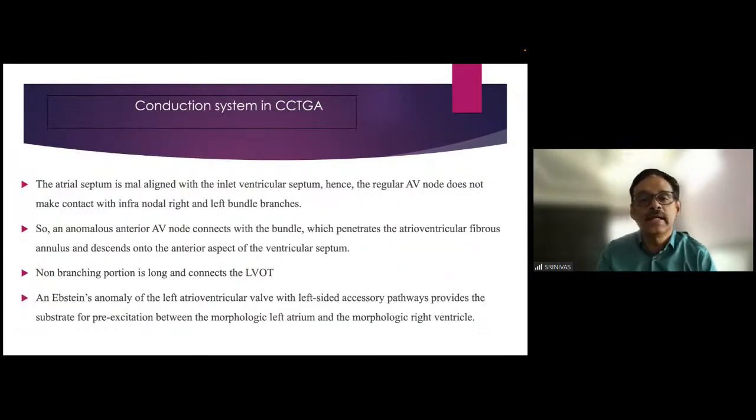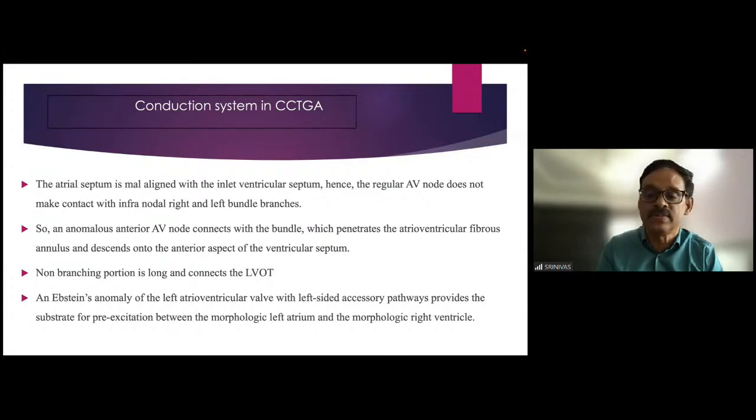Now, coming to the conduction system in CCTGA, I would like to mention a few points here. As I just said, there is a malalignment between the atrial septum and the inlet ventricular septum. Hence, the regular AV node does not make contact with the infranodal right and left branches. So, an anomalous anterior AV node connects with the bundle, which penetrates the atrioventricular fibrous annulus and descends upon the anterior aspect of the ventricular septum.